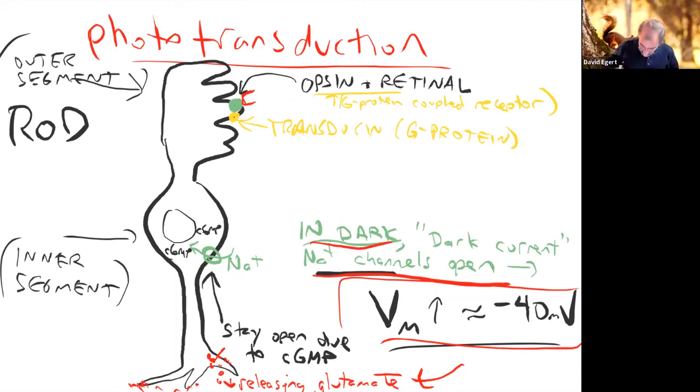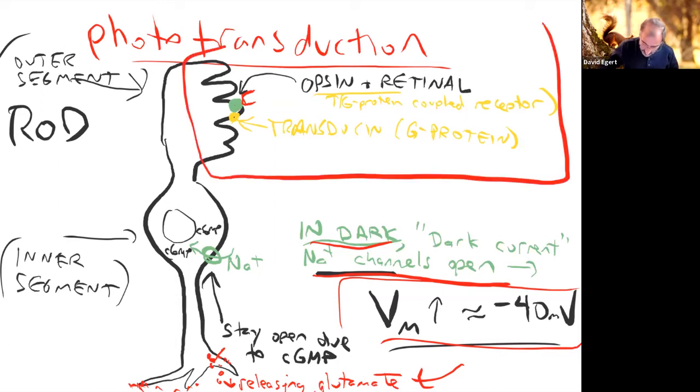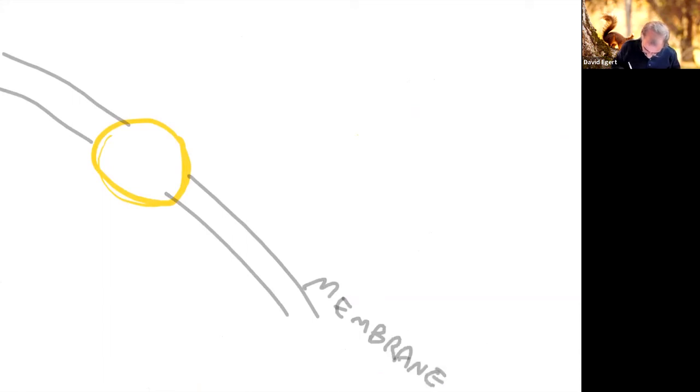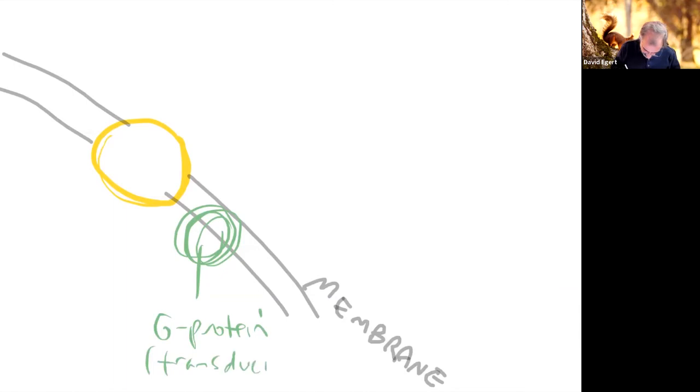So we're going to focus in now on this stuff up here. So here's my membrane. I have my G protein, we're calling transducin.